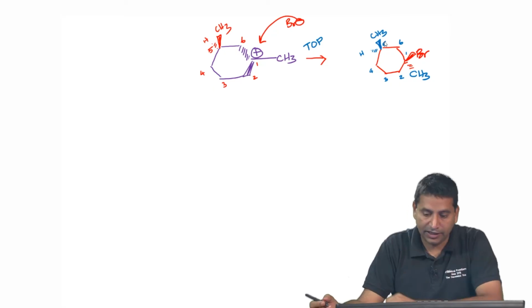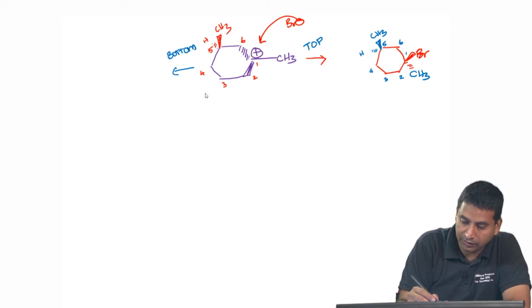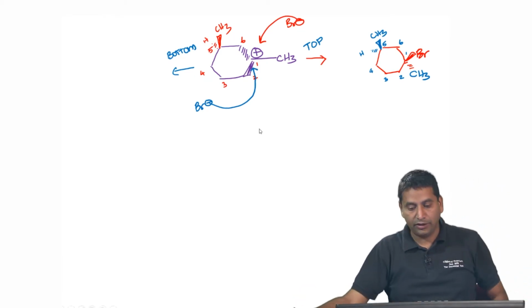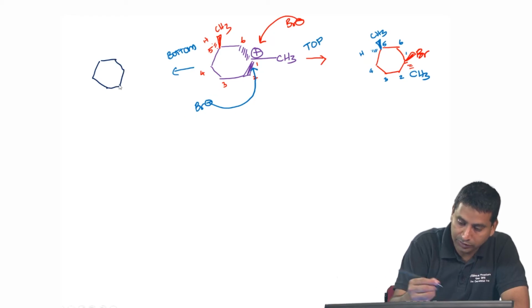Okay. So, this seems to be all right so far. Now, if it attacks from the bottom, then I am just going to draw Br minus over here. It is going to attack from the bottom, and you will just draw the product as shown here. So, the Br minus is attacking from the bottom.